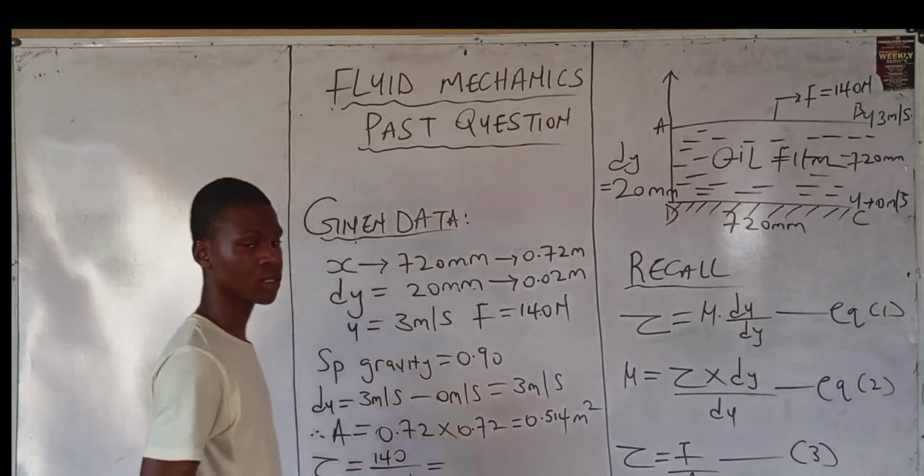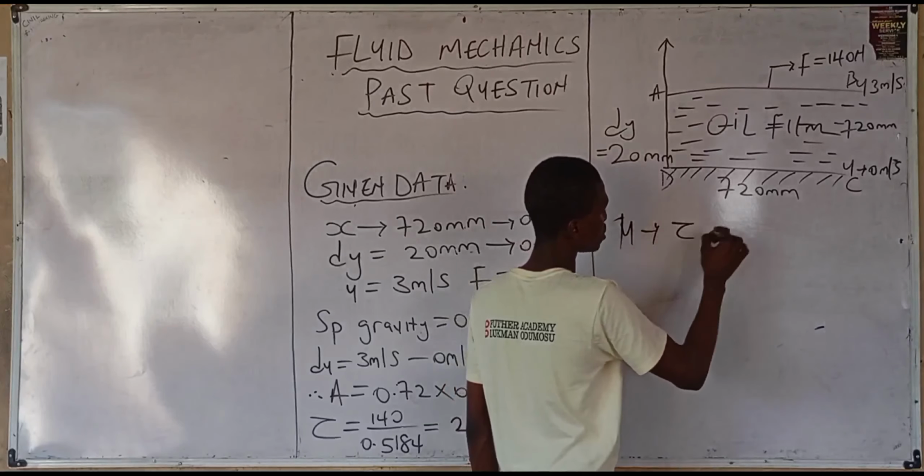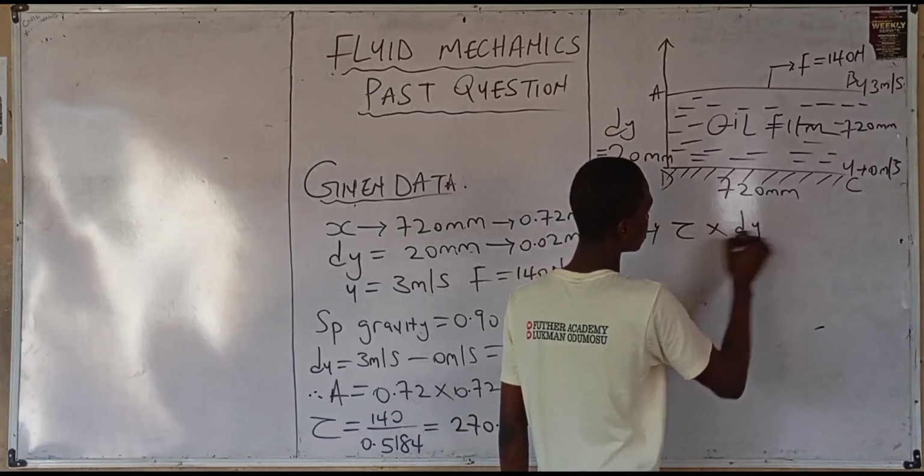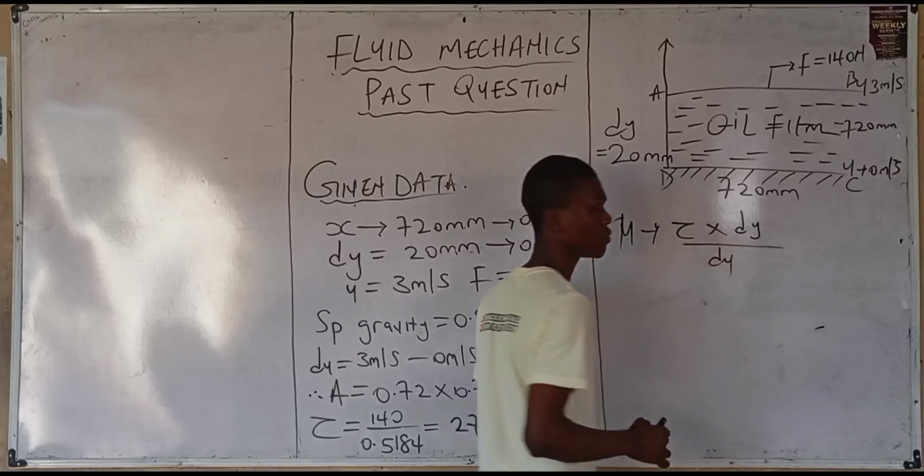Substituting the value of the shear stress, the thickness, and the change in velocity into equation 1. That is, recall from equation 1, we have dynamic viscosity is equal to shearing stress times thickness divided by the change in velocity.